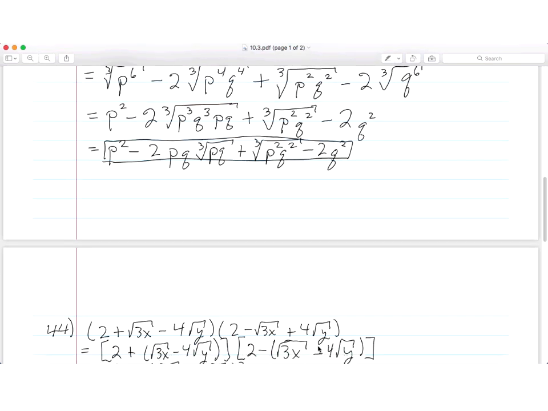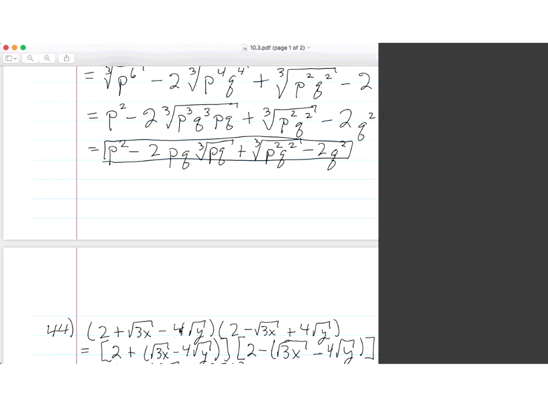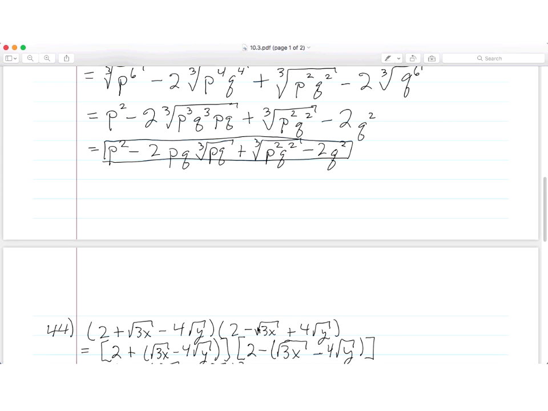Well, let's rearrange this so that I can use my special product formula. Notice that I can group the rad 3x minus 4 rad y. Next, I can group these last two terms, but notice there's a minus outside the parentheses, so I'm going to have to change the signs.